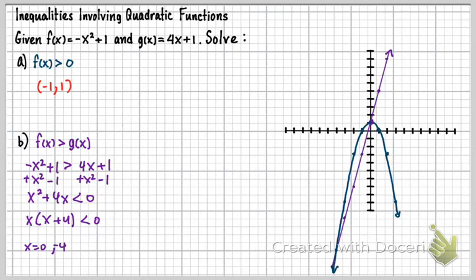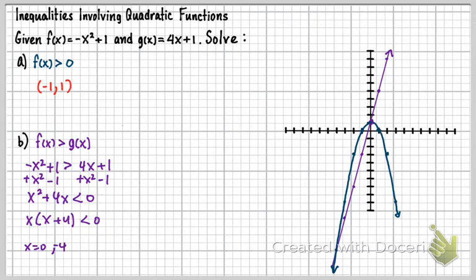Okay, so there's the picture. It gives us a really good idea of what we're looking at. I tried to be pretty accurate here, and it worked out pretty well. I know that at -4 these intersect, because we solved this inequality and looked at where they were equal at 0.